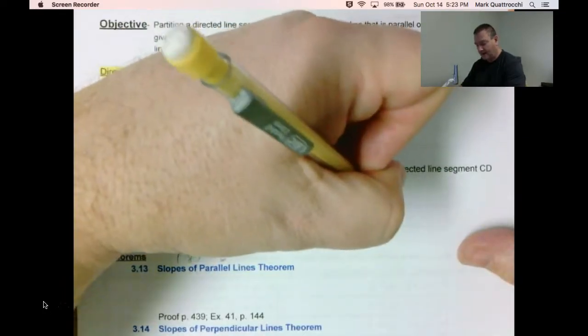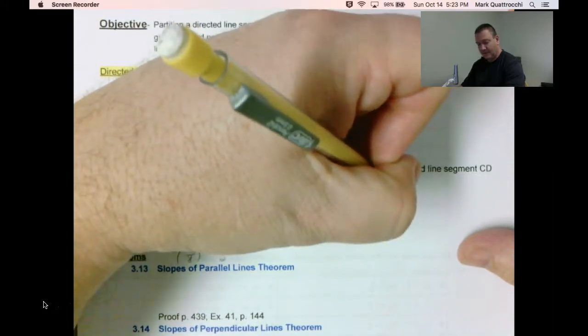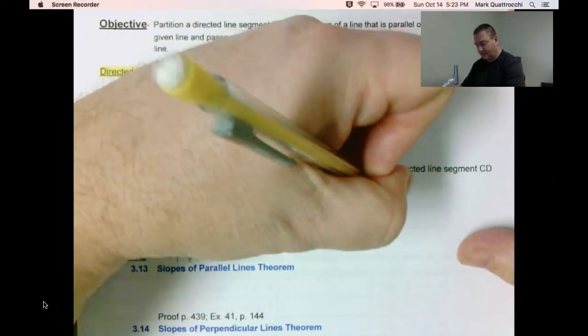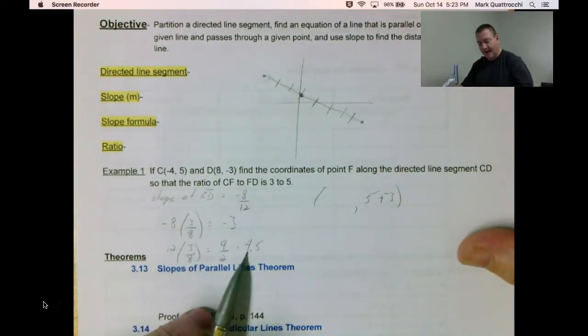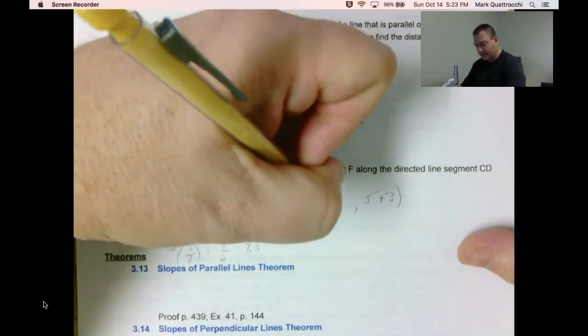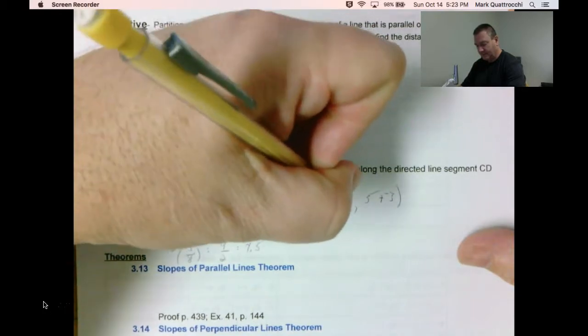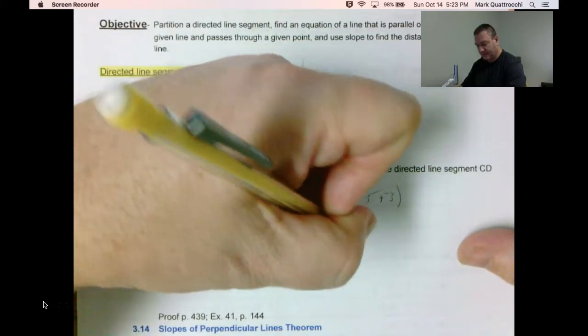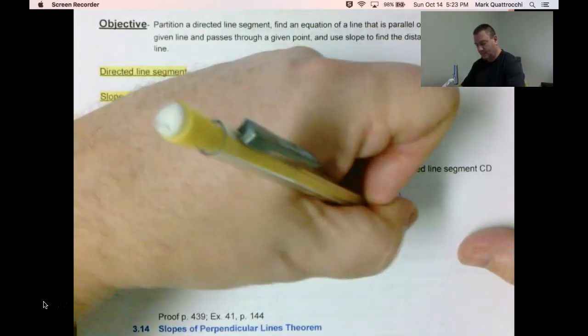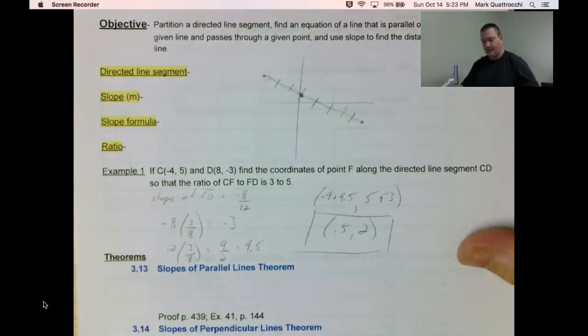We add a -3, it's really 5 minus 3. And to the X part, we add 4.5. So -4 plus 4.5. Our final answer is (0.5, 2). And that's the answer to example 1.